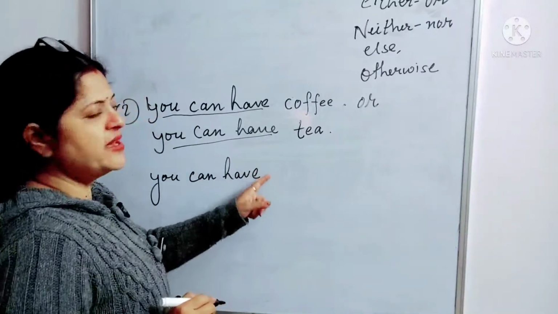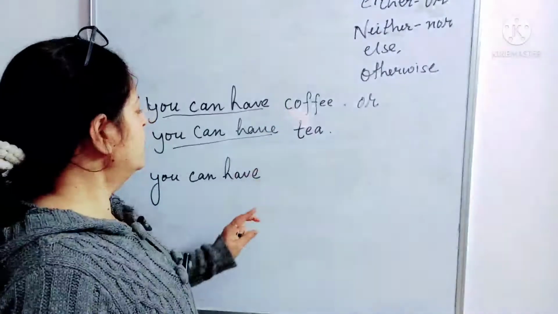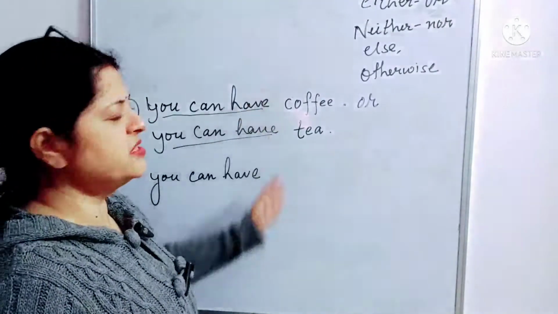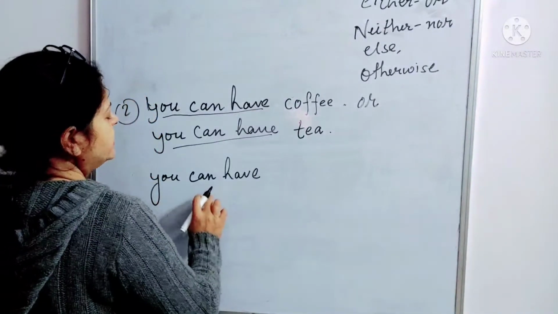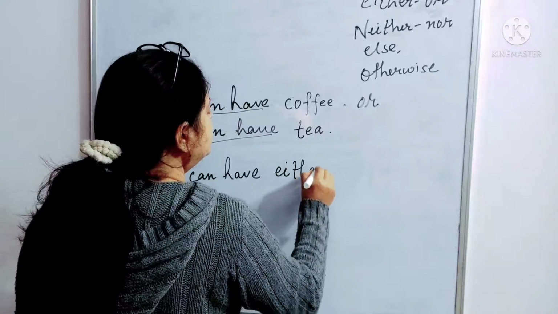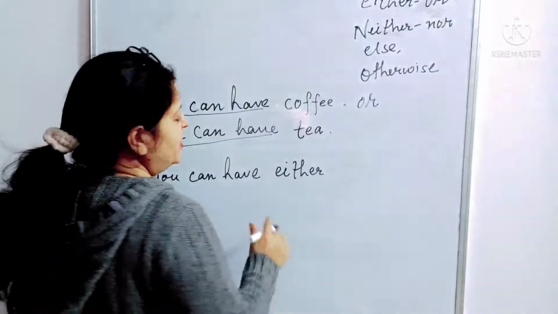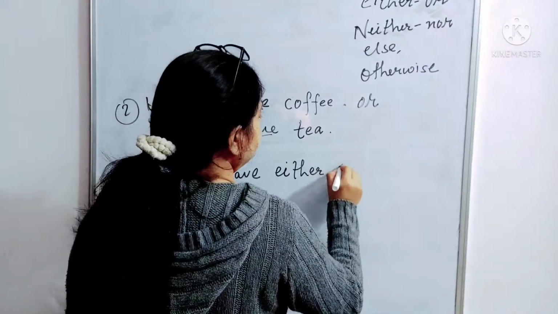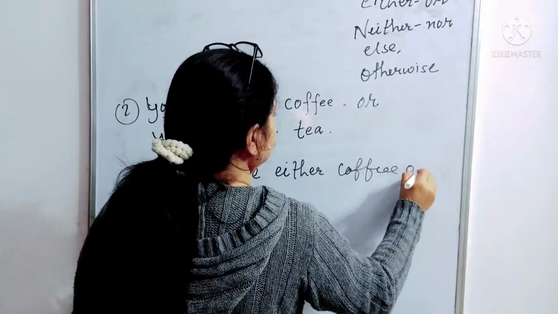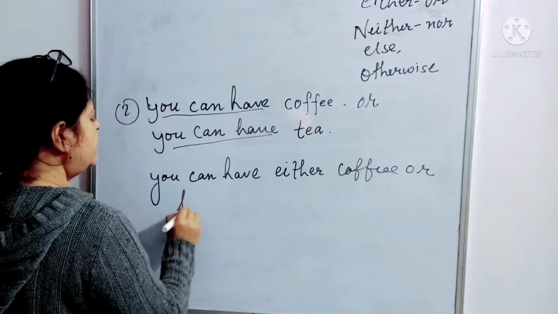Now we'll write either before this part and or before this part, since we see that the objective part is different. So it would be like this: you can have either, or either, whatever you pronounce it, either coffee or tea.